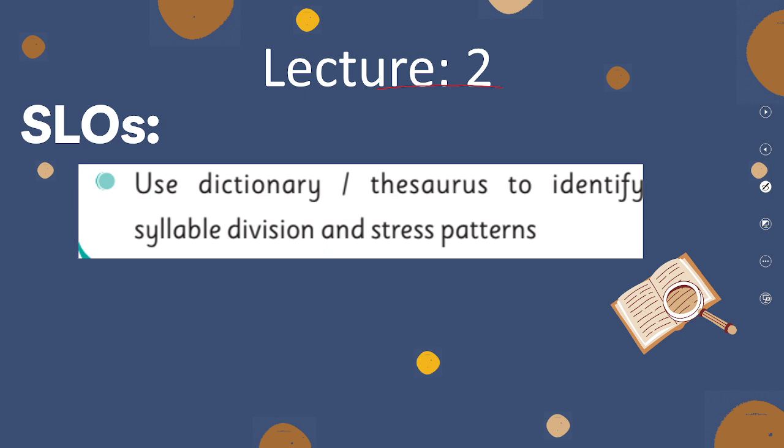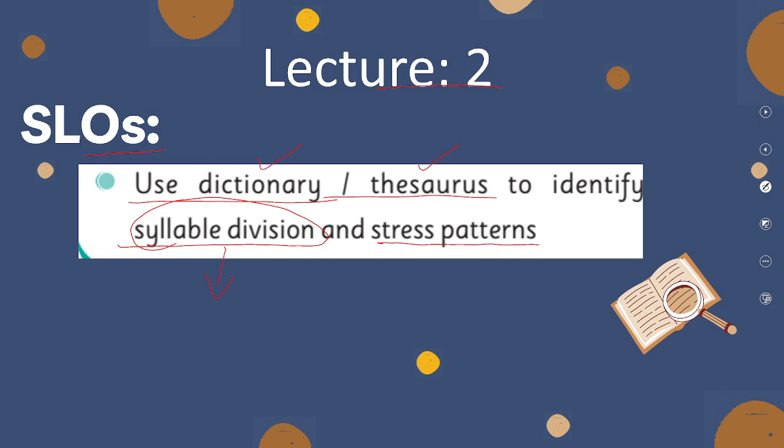We are talking about words, and that's why we have the learning outcome of using a dictionary or thesaurus to identify syllable division and stress patterns. We know that these resource materials have different information about any word. When we are talking about words, you know that they are divided into different parts, different syllables, according to the different beats.